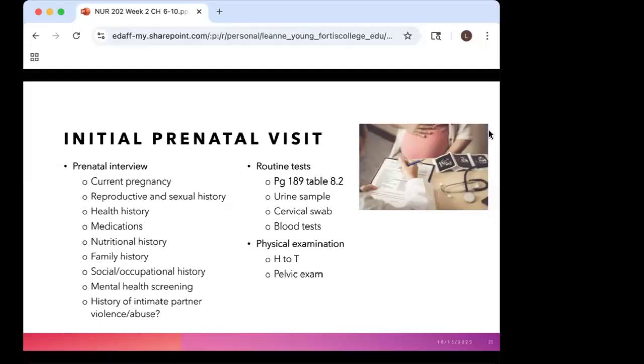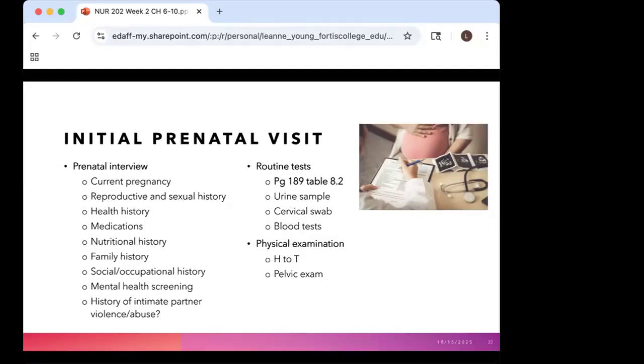If they do have a history of HSV, this is one that providers will make sure that a woman is taking Valtrex or acyclovir or any other type of antiviral medication, because if a woman has a herpes outbreak during pregnancy or closer to when the baby is delivered, she cannot deliver vaginally if she has an active lesion. Okay, so we want to make sure that that's being adequately treated. So those are some things that we're going to be asking the mom in this initial prenatal visit.